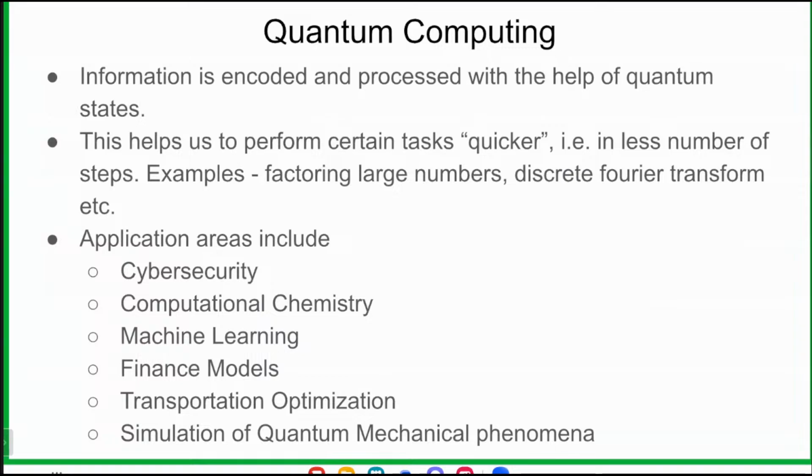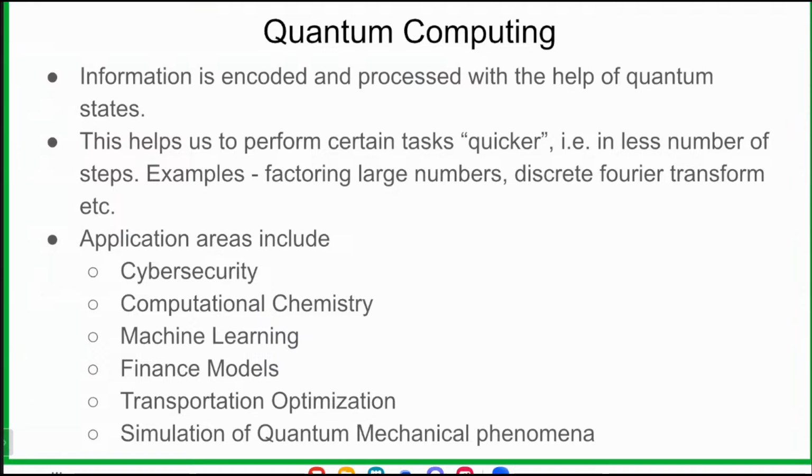It reduces the number of steps you need to perform a certain task, as opposed to reducing the time taken for one iteration. For example, if the size of the problem was n, you would previously need some order of 2^n steps to solve it. Now you can solve it in just order n steps.